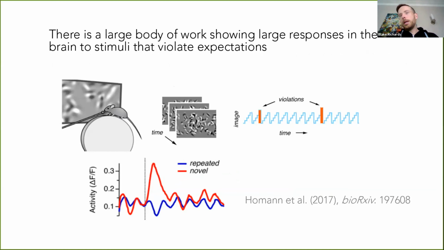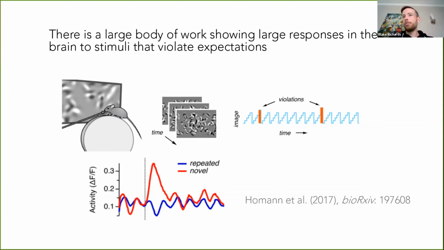So if you structure the stimuli in such a way that an animal or a person would reasonably make some prediction about what they're going to see next or what they're going to hear next, and you then violate that expectation and present them with something that doesn't match it, you see large responses in the brain. You can see this in EEG from scalp recordings, you can see this in fMRI, and you can see this in two-photon imaging, which is what I'm showing here.